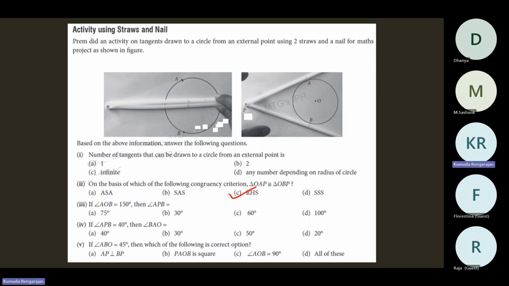AOB is 150. APB is 30 degrees. Yeah, APB is 40.